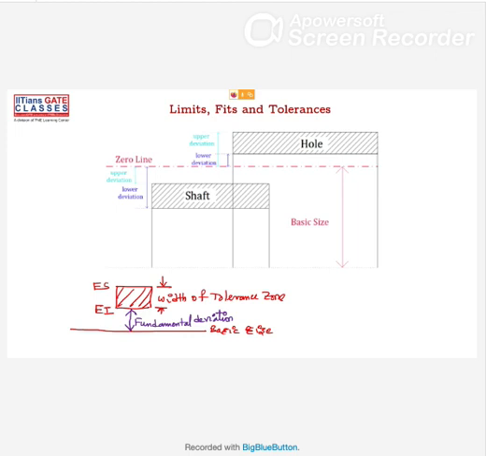Any doubt in this till now? Because it's very important. So for the hole, this is your fundamental deviation, and for the shaft, this is your fundamental deviation.